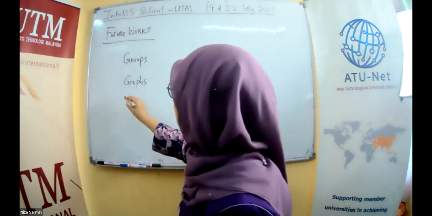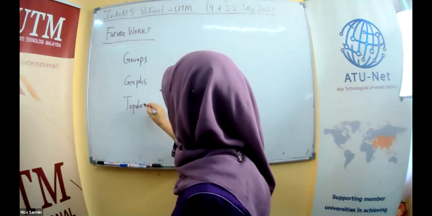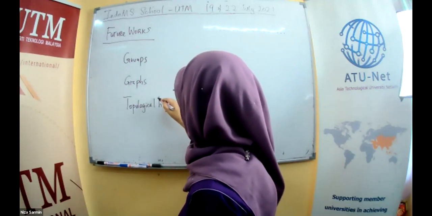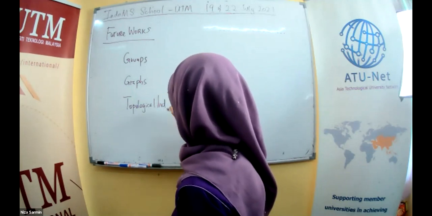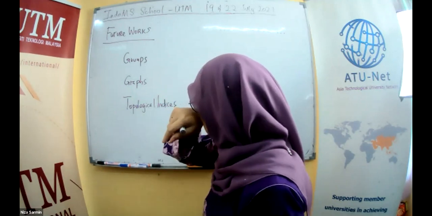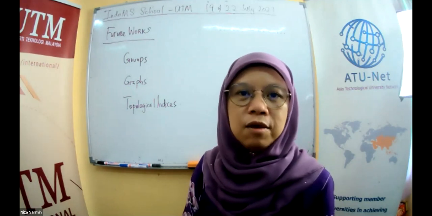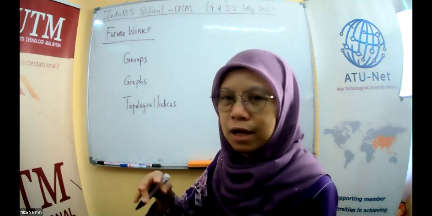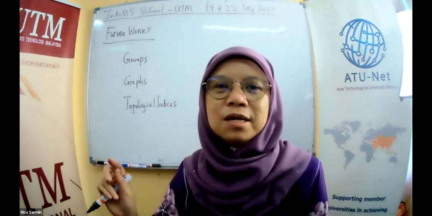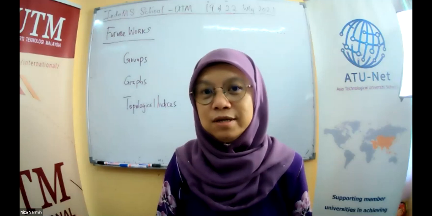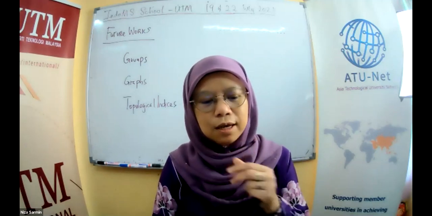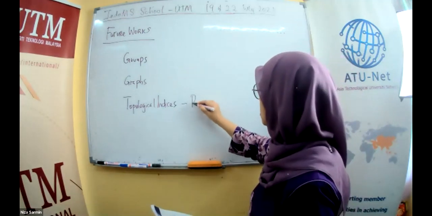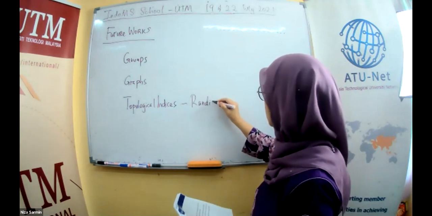And there are many other topological indices that have not been computed for other graphs or groups. Because the ones that they compute are all the graphs that they have from graph theory, right? So this one, there is another, which is called the Prendick index.